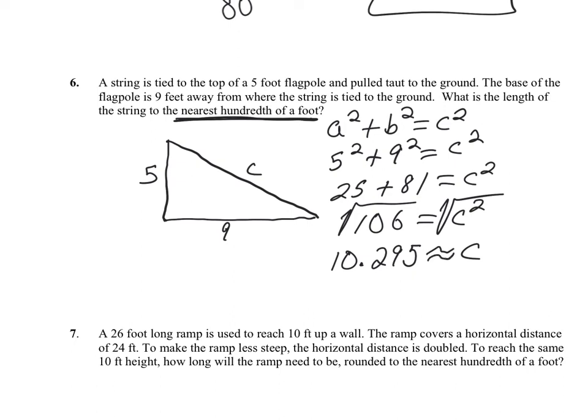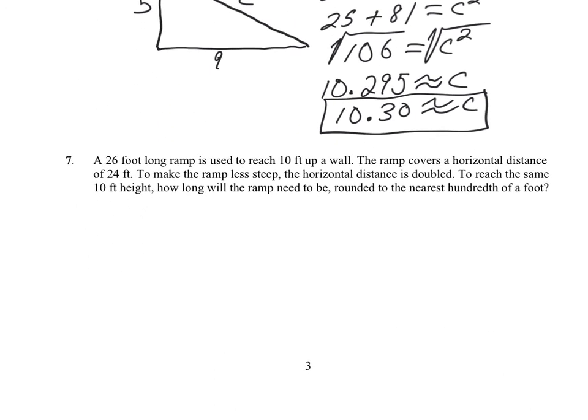So the 5 causes the 9 to go up, but if the 9 goes up, so does the 2. Because the 9 becomes a 10, and then that causes the 2 to go up 1, so we still end up with 10.3, but this time we're going to put the 0 in there because they wanted 2 decimal places. Okay, and that's the same idea with all of these.